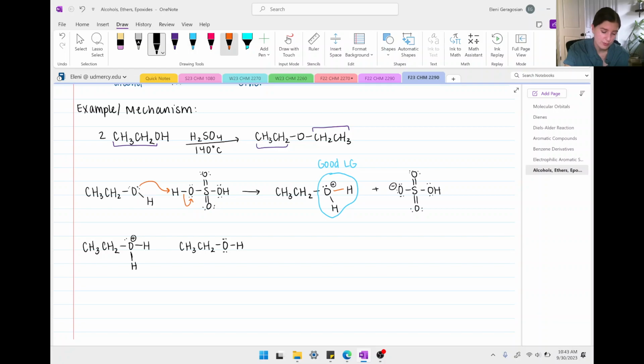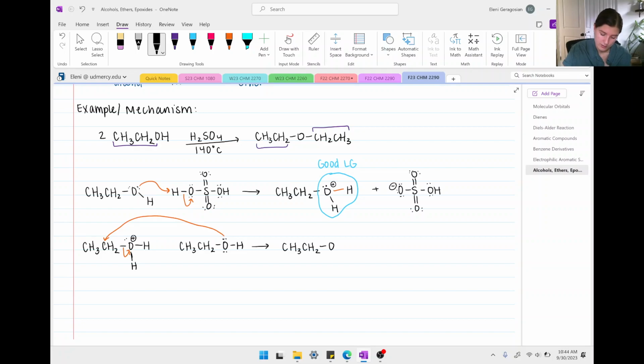We're doing another substitution reaction here, where the oxygen from the neutral alcohol can create a bond to the carbon that's bonded to the good leaving group, and the leaving group will leave. Then we have still CH3, CH2 from the original protonated alcohol. That CH2 to oxygen bond broke, but now we have a new bond.